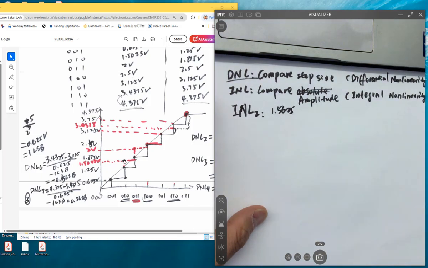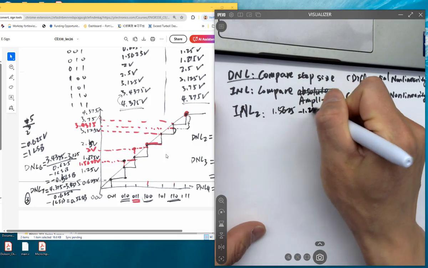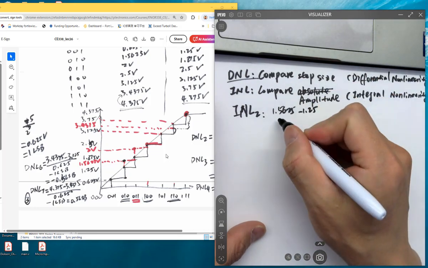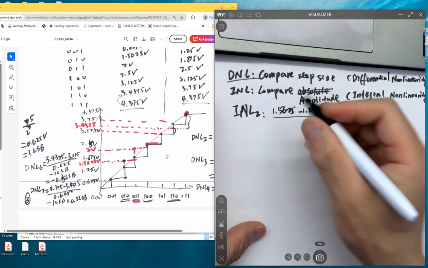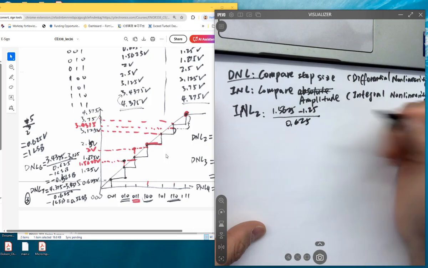So it's the amplitude minus the ideal point on the ideal curve. So minus 1.25, sorry, 1.25. So that's the difference, and divided by 0.625.